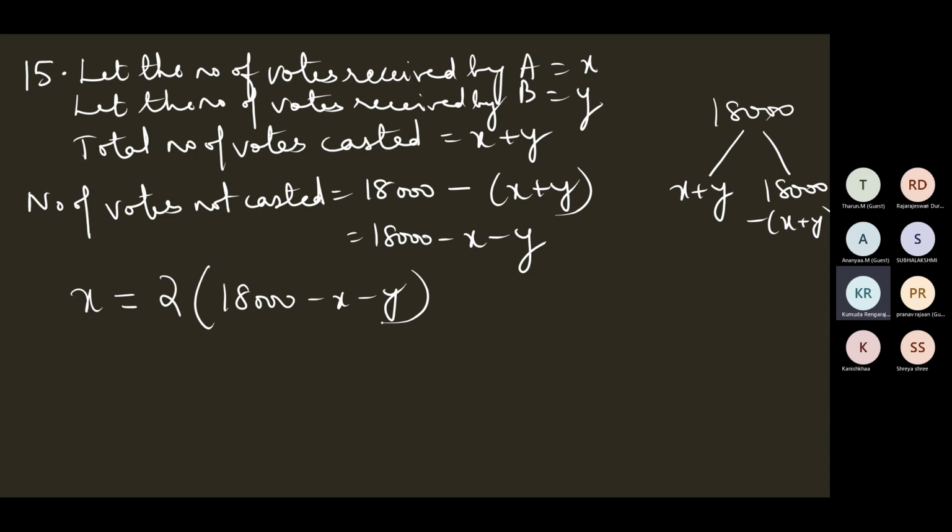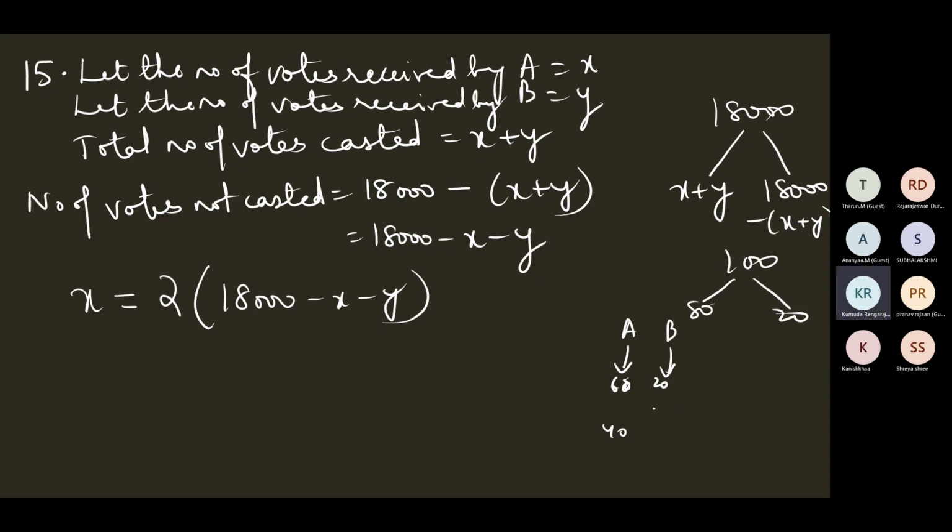A has won. So now supposing in our earlier example, 100, I said, and 80 and 20, and I said A got 60 and B got 20. So A has won by a majority of 40 votes, because 60 minus 20 is 40. So what is A's majority over B? 60 minus 20. The difference in votes is the majority.